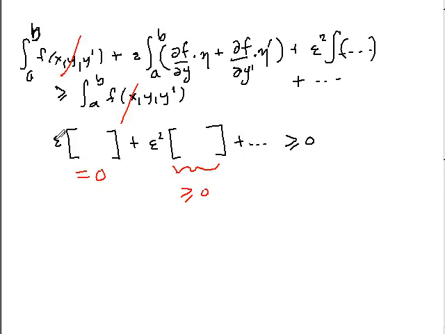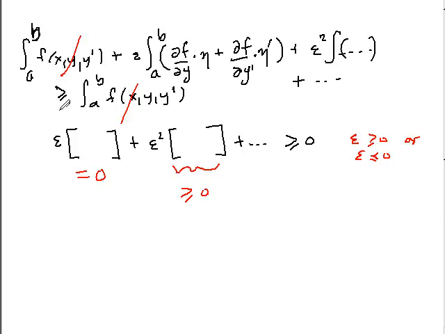Because this is supposed to be true for epsilon bigger than 0 or less than 0, both cases. So if this term were not 0, I could multiply it by an epsilon of a different sign, and that would give me a term that would be negative because the epsilon would dominate the epsilon squared.